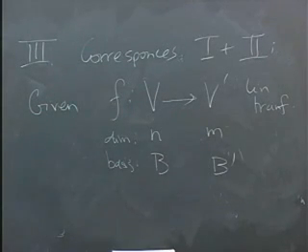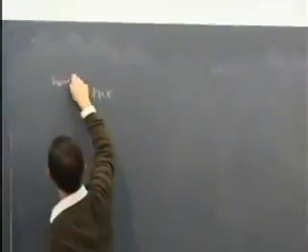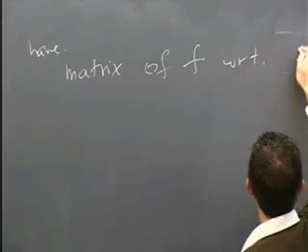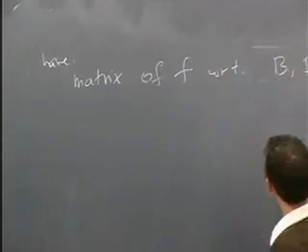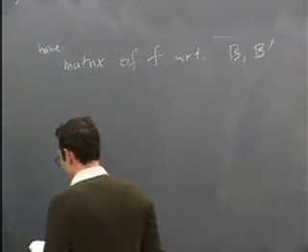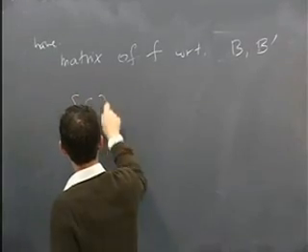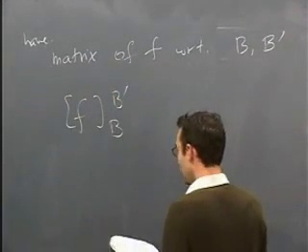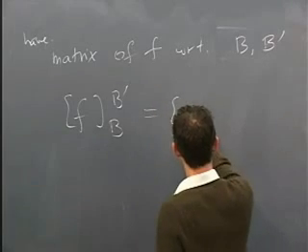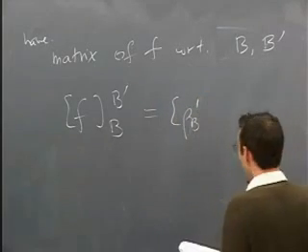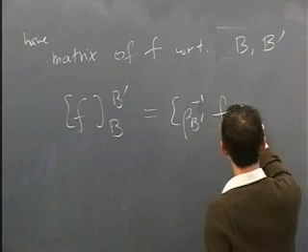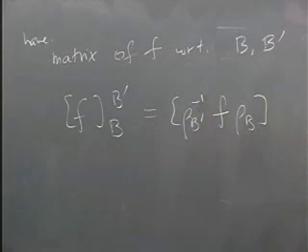Well, we have the matrix of F with respect to B and B prime. How do we define this? Well, let's just give it a notation, F_{B,B'}. This thing is rho B prime inverse F rho B. Why does this make sense?